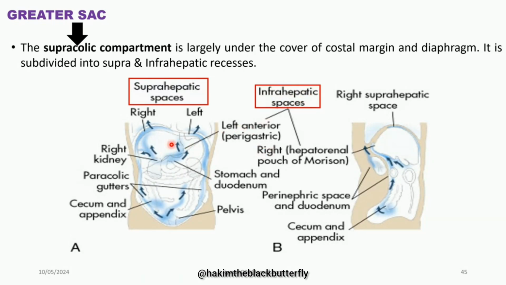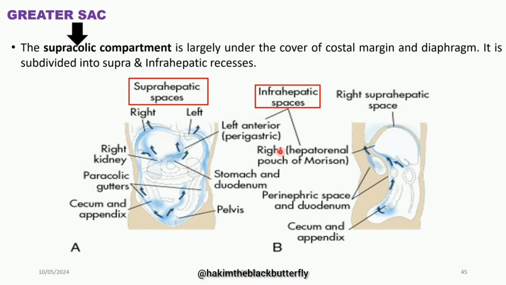So you can see this is your liver, this is the left lobe. Below that we have the left infrahepatic space. Okay, that space between the left lobe and the stomach. Then on the right side we have the right infrahepatic space, that space between the right lobe and the right kidney. You can appreciate it here. Between the right lobe and the right kidney, that is the right infrahepatic space.